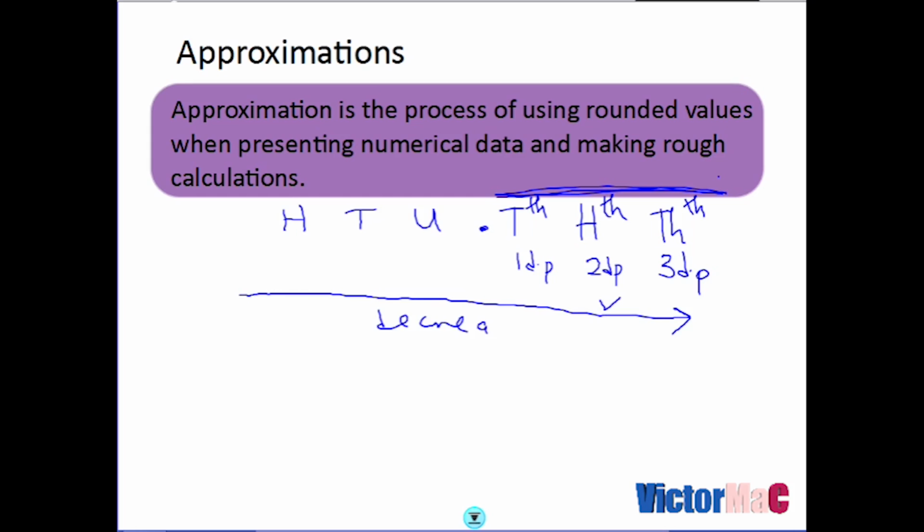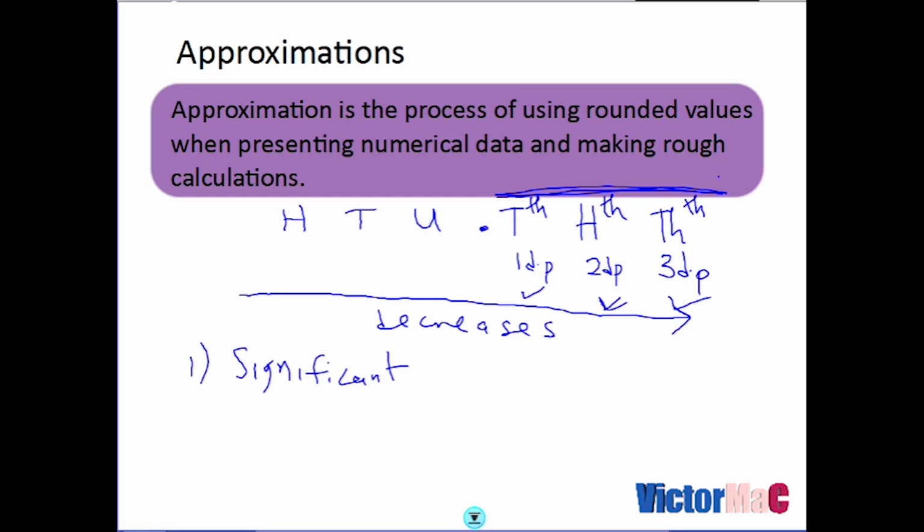Alright. Now, we have different degrees of accuracy. As I've said, we have the tens, hundreds, and thousands, which are equivalent to 1 decimal place, 2 decimal places, and 3 decimal places, respectively. Others we have are the significant figures, to the nearest significant figure, maybe 1 or 2 or 3.